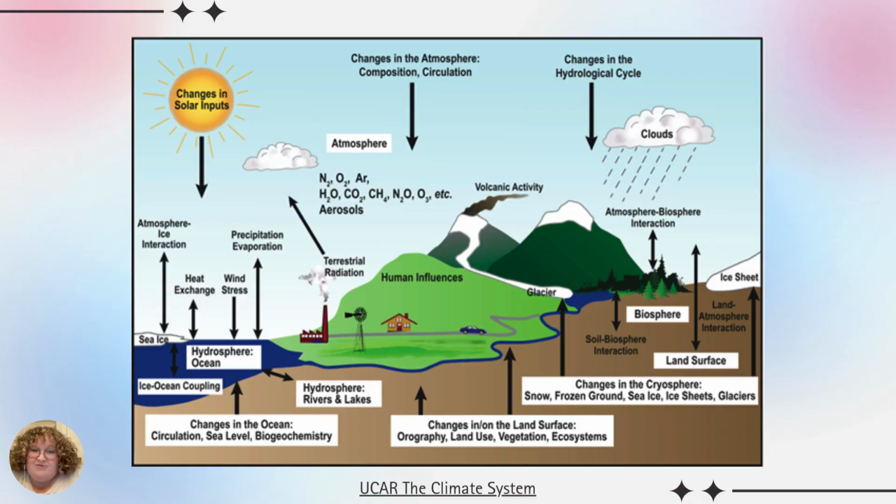And then you also have changes in the hydrological cycle based upon the H2O, water vapor in the atmosphere, and that can come down and interact with the land through rain, and then that all flows out. Some of it becomes ice, some of it becomes snow, some of it flows back to the ocean, and then some of the ocean also evaporates. That's the water cycle right there, right? So this whole thing is all very interactive with each other. Okay. And like I said, I don't need you to memorize all of these little details right now. We'll talk about some of these more in detail later, but I just want you to get an idea of how all of this stuff starts to interact with each other.